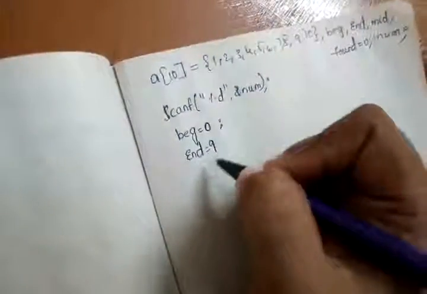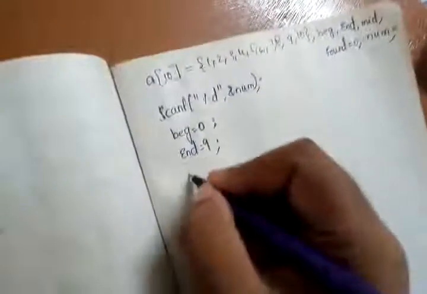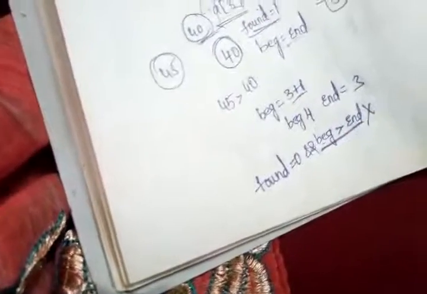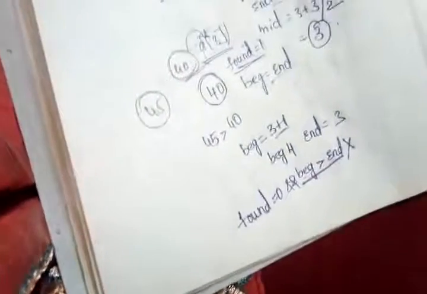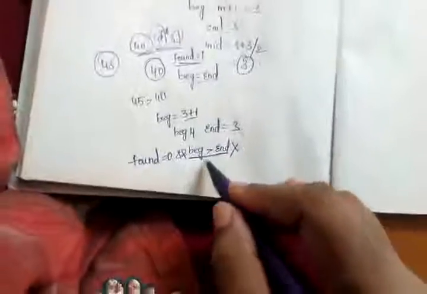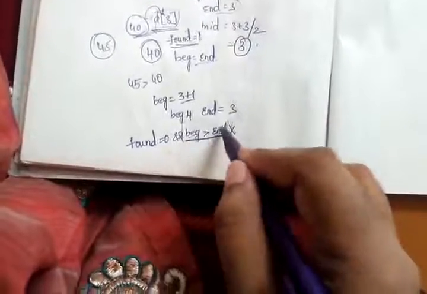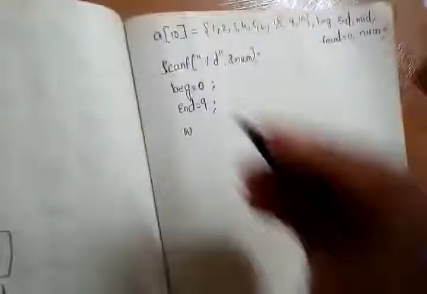As we have seen, until we get beginning greater than end, that is until we completely search all the elements, we need to repeat this action. In order to repeat the action, and as we don't know after how many iterations the begin index is going to be greater than the end index, we can use a while loop here.